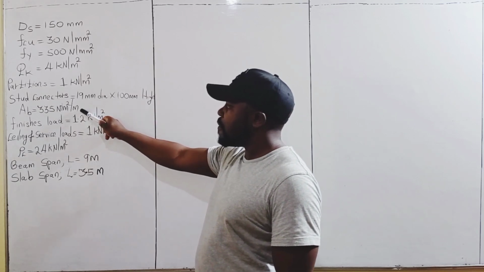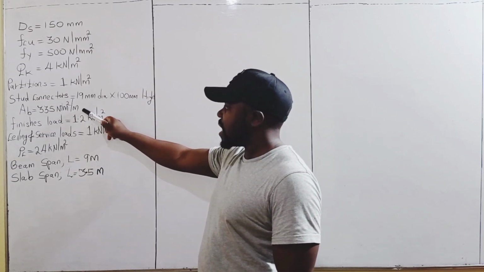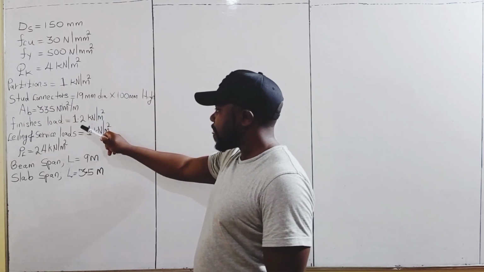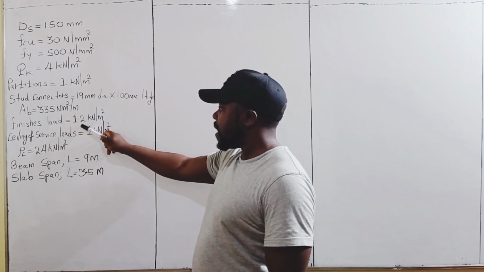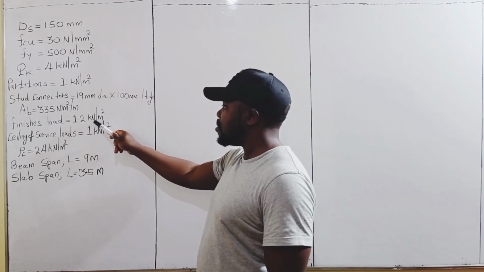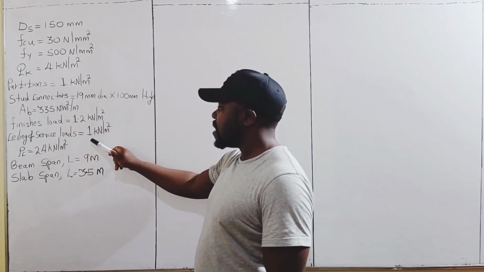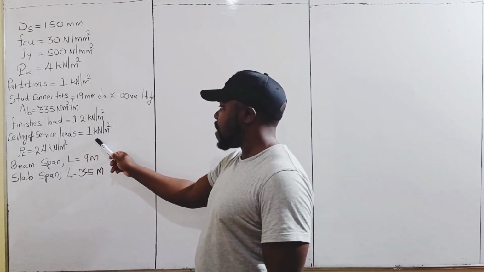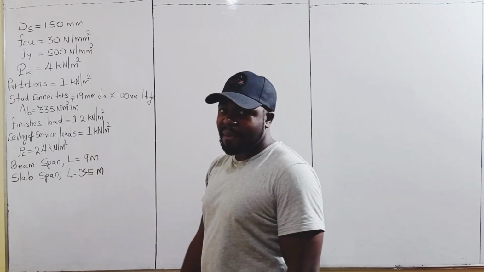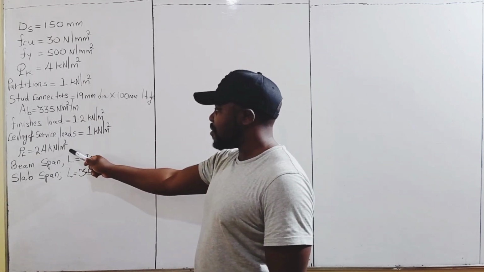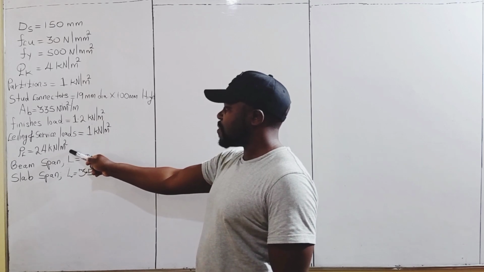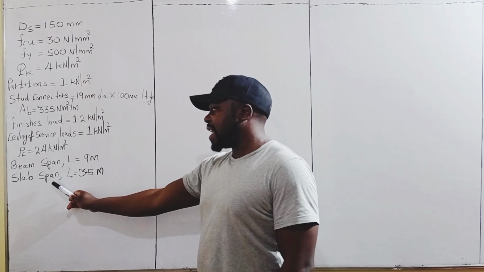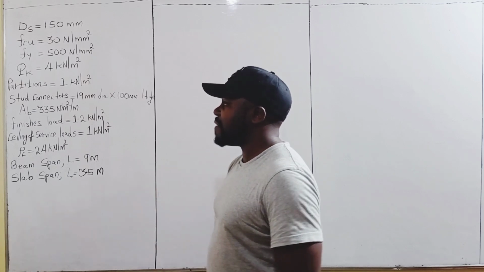The area of steel is 335 square millimeters per meter. Load of finishes 1.2 kilonewtons per square meter. The sealing and service loads 1 kilonewton per square meter. The density of concrete 24 kilonewtons per cubic meter. Beam span 9 meters and slab span 3.5 meters.